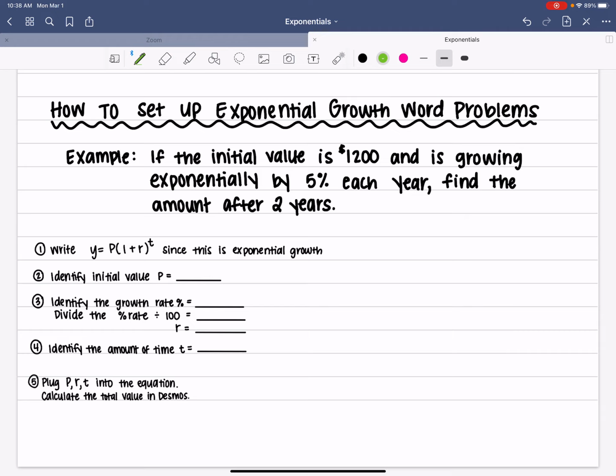So first, we're going to need to write our equation because this is an exponential growth function. Since this is growing exponentially, we're going to need to write down y equals p times 1 plus r to the power t.